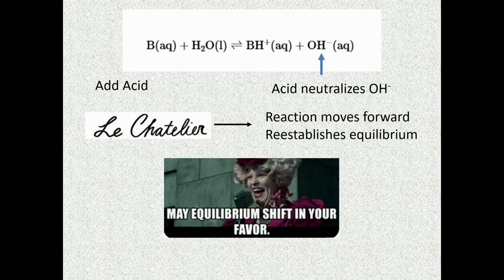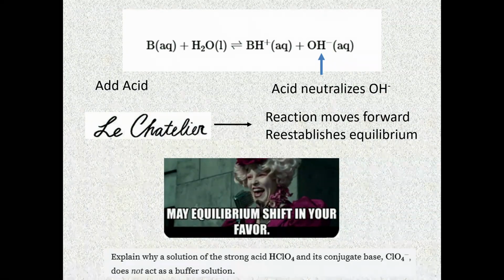And Le Chatelier's says the equilibrium will shift to fill that hole and will shift to the right. I now will create a new equilibrium, but as long as I haven't added too much H+, I still have both B and BH+ in solution. So I still have a buffer. I can't add enough acid that it completely removes everything, but as long as I add a small amount of acid, I just maintain both B and BH+, and I maintain an equilibrium.